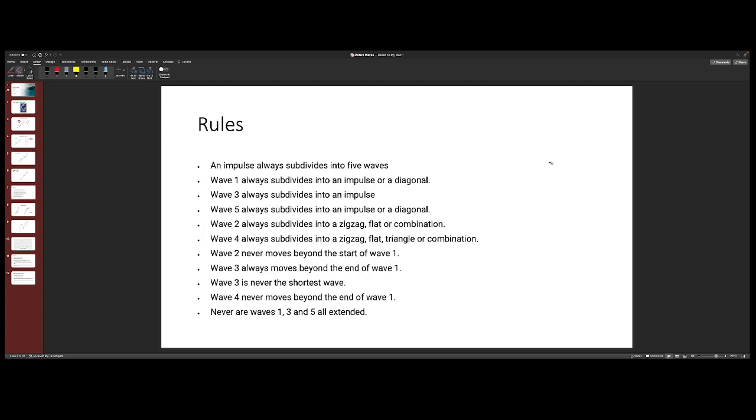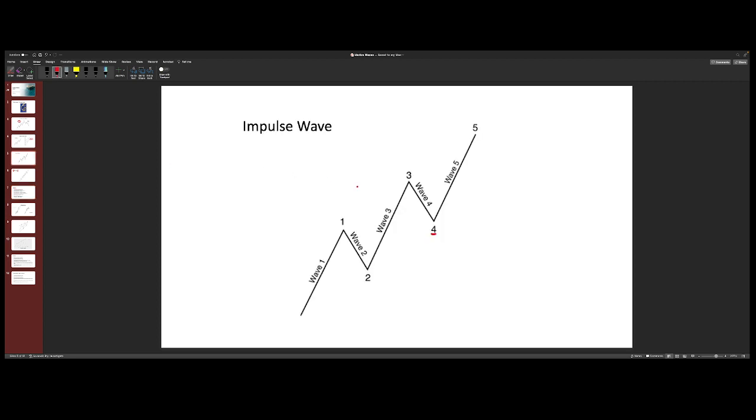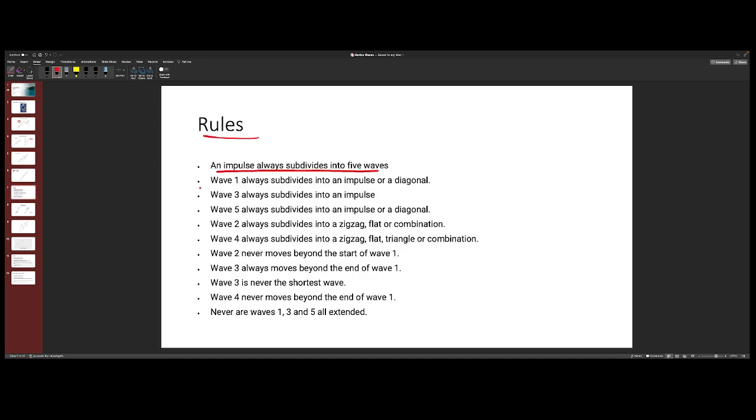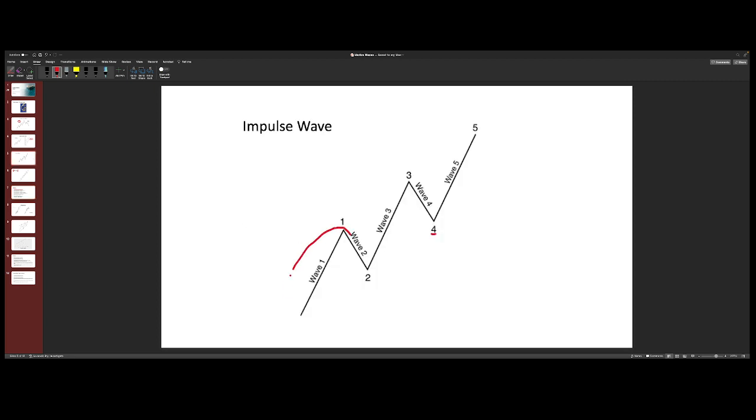These are the rules, and I wanted to get a quick snapshot of what we went over for the impulse. An impulse always subdivides into 5 waves. Basic 5-wave pattern. Wave 1 always subdivides into an impulse or diagonal. This little section right here is always an impulse or a diagonal.